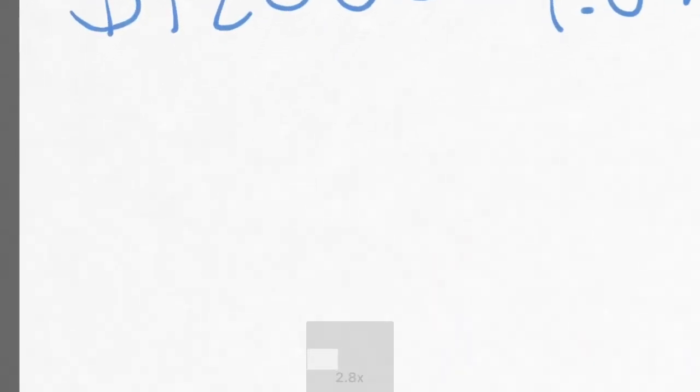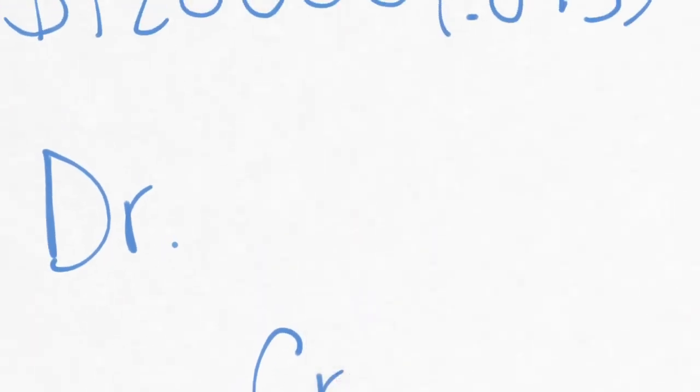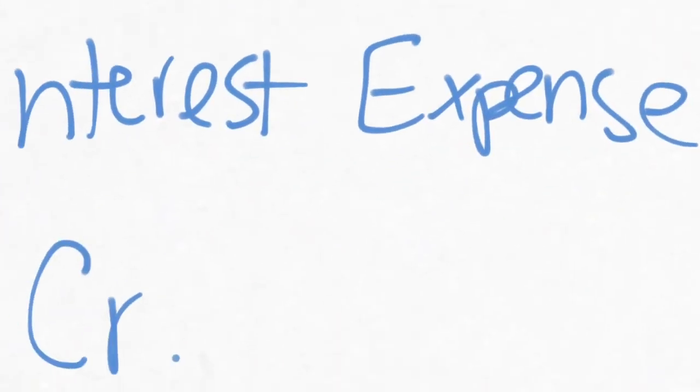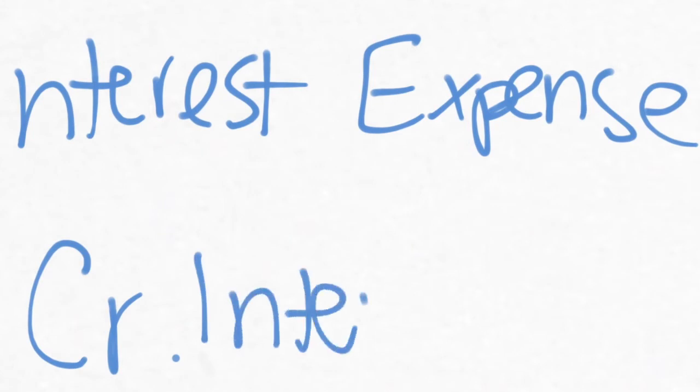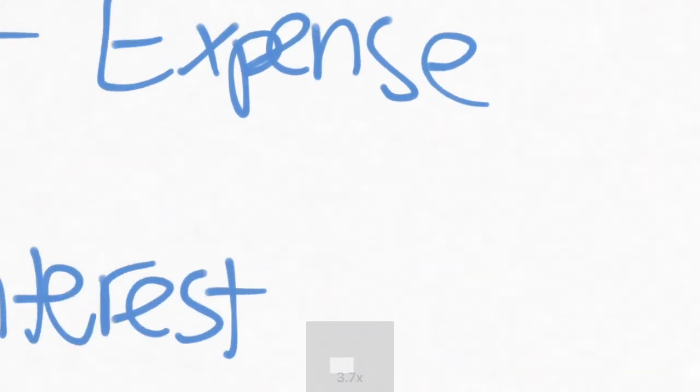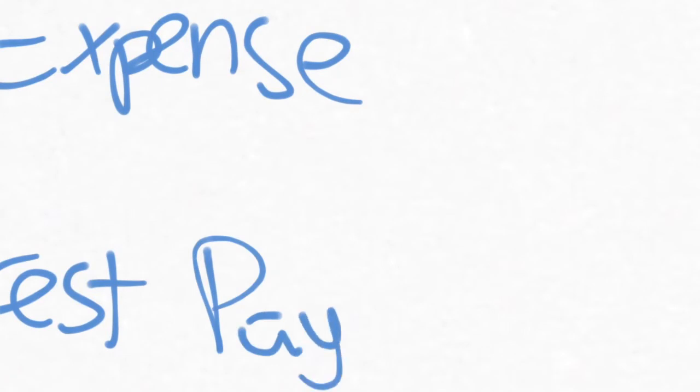Remember, accrued expenses entries will always be a debit to an expense account and a credit to a payable liability. Thus, we're going to debit interest expense, and we are going to credit interest payable, because remember, we owe that money and just have not paid it yet.